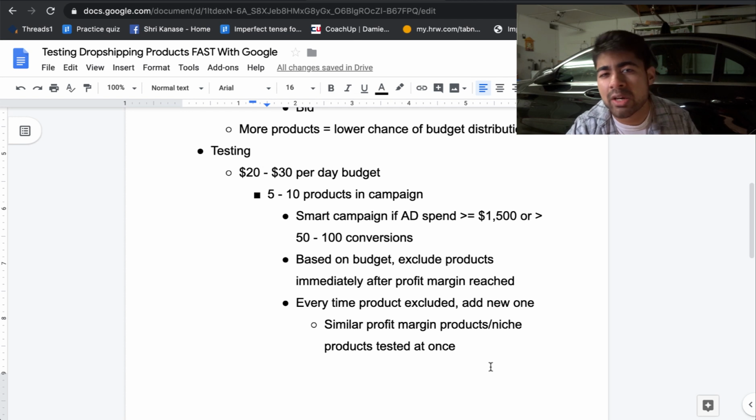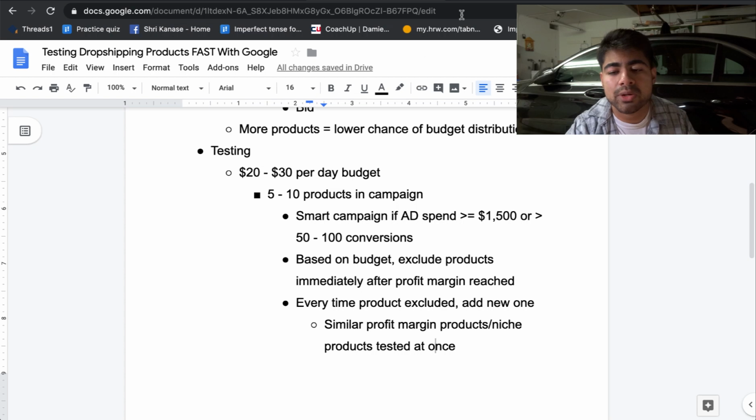Let's say you run a general store with products for all collections: baby, electronics, outdoor stuff, etc. What you would want to do is list 5 to 10 products from your general store inside this one newly created standard shopping campaign, and only list the products within the baby niche or the products with the $20 profit margin within this campaign. That gives you the ability to choose a good competitive bid, which lets you test the products accurately. Because if you have the wrong bid or a low bid, you're not going to be able to test the products thoroughly and you're not going to get good results.